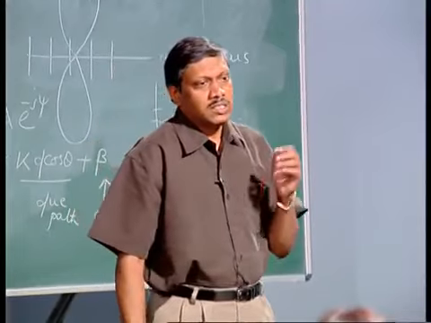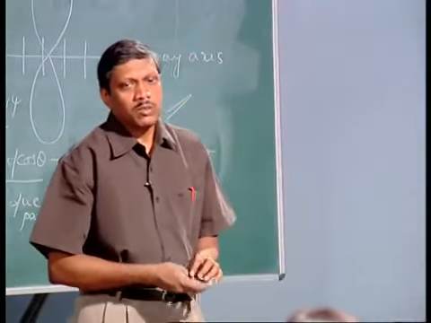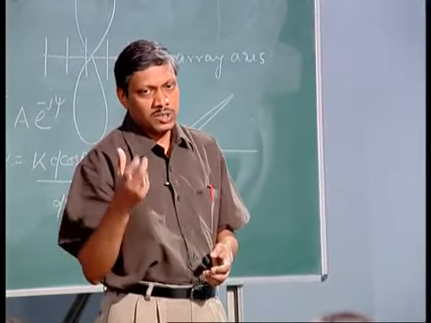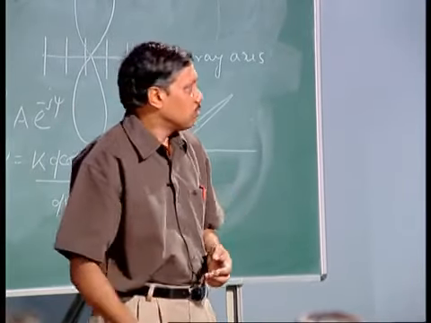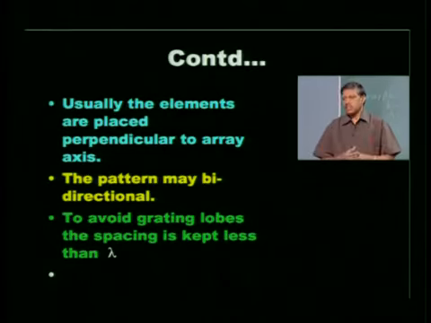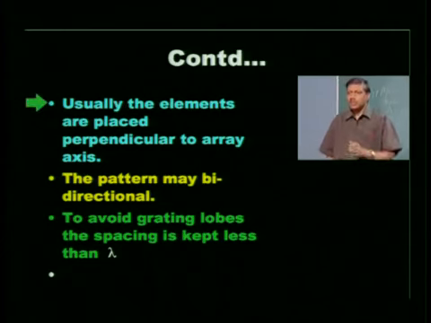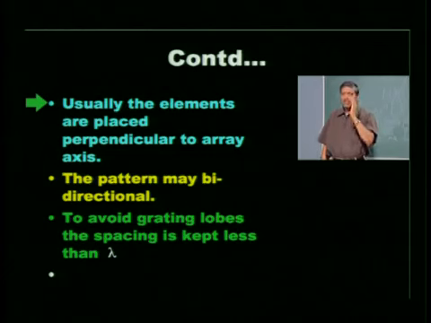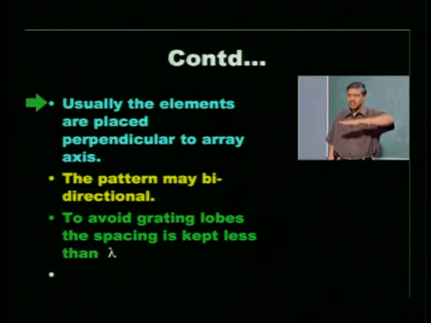Usually, this is also a requirement when you are designing a broadside array. You have to keep certain things in your mind. The excitation phase has to be 0, that means the elements have to be fed in the same phase. Preferably you should keep your elements perpendicular, like you have a dipole. Dipole can be kept like this, dipole can be kept like this.